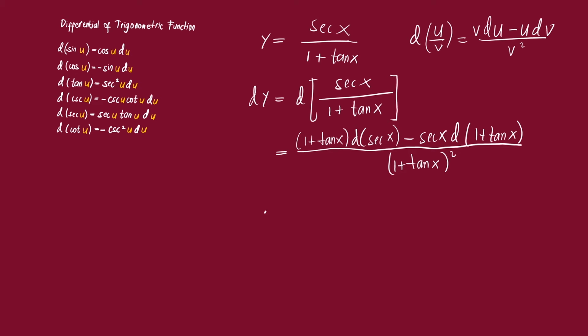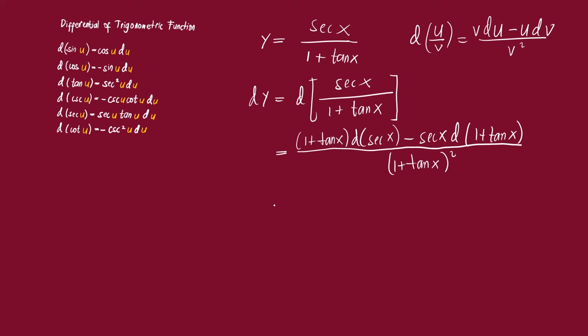Yan. Okay, now, as you can see, you have here the differential of secant x, and you also have here the differential of 1 plus tangent x. Now, it involves trigonometric function. Now, this is the time wherein you will apply the differentiation of the different trigonometric functions here.